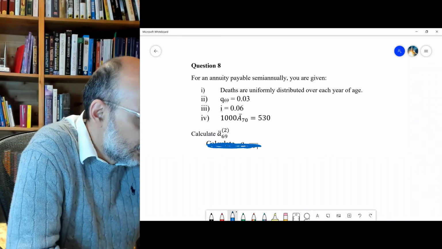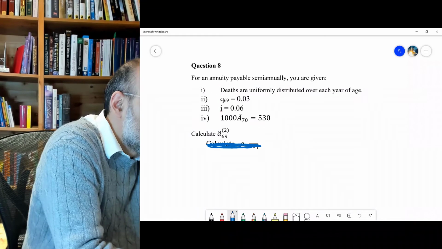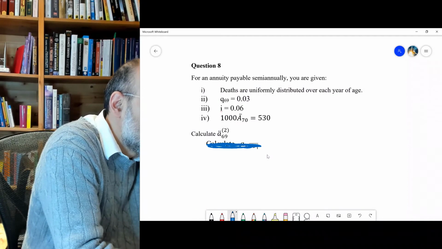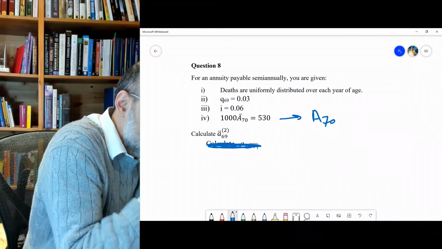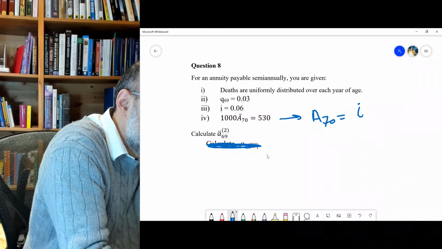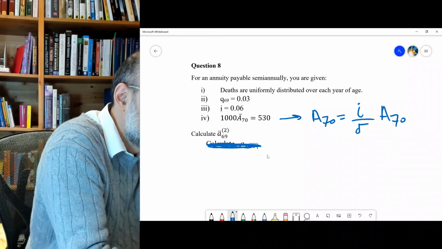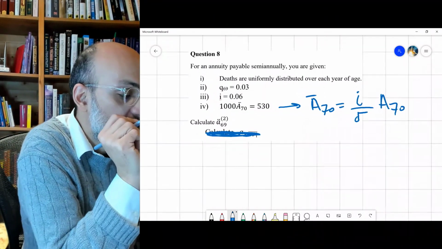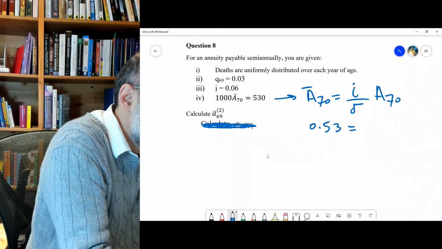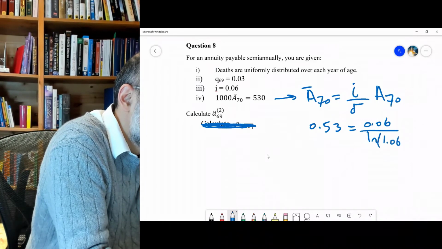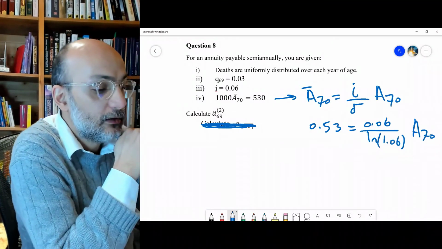So what we have is 70, but we need to get it back to 69, and it's not continuous. We need to get the discrete. So the discrete A70 is equal to i over delta times the continuous A70. Right, the continuous is this way. So this one is now 0.53, and what's i? 0.6 divided by ln 106 of A70, because we're working on the discrete case.